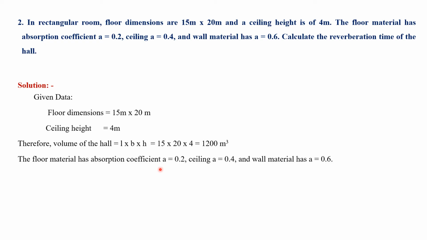Like for floor it is 0.2, for ceiling it is 0.4, and for wall it is 0.6. So according to that, we need to calculate the total absorption in the hall. The formula again, T is equal to 0.161 V upon A. Volume we have already calculated, which is nothing but 1200 meter cube.